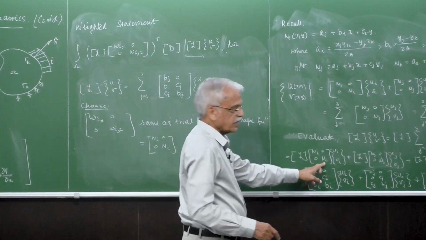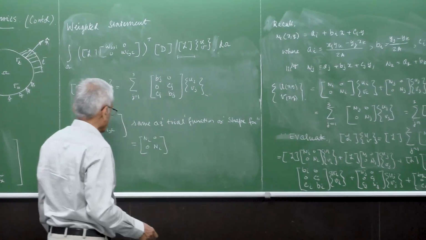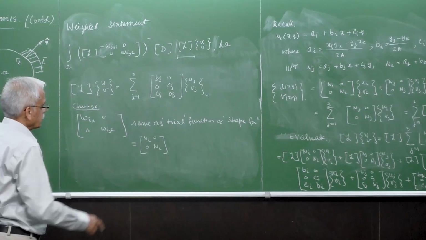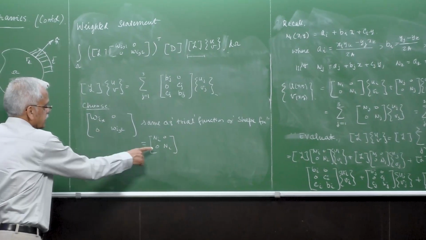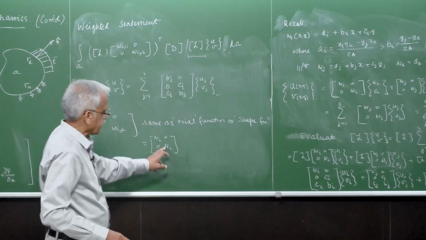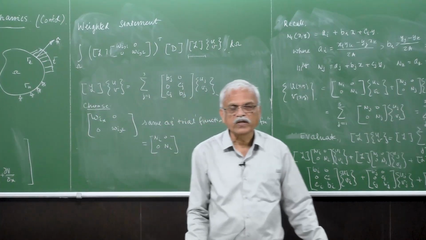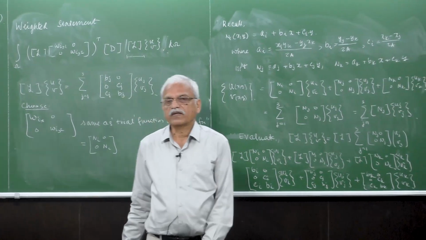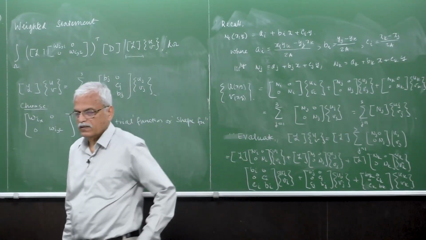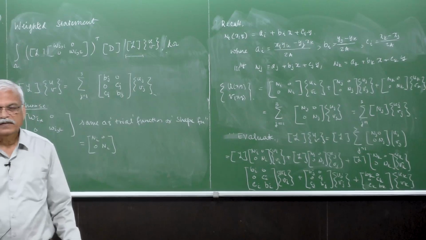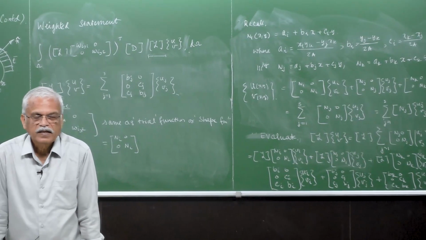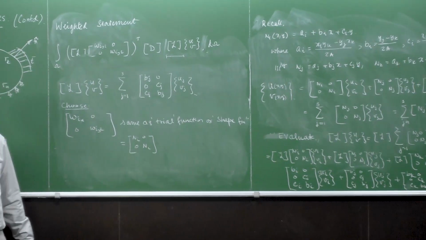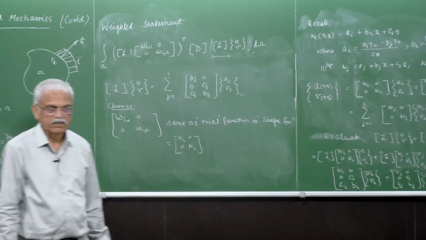Just like we have L operating on Ni, exactly it will be the same. So if you choose weighting functions as the trial functions, you will get two equations. And then if you choose again the trial functions corresponding to the jth node, Nj, 0, 0, Nj, you will get another two equations. And then if you choose Nk, 0, 0, Nk, you will get another two equations.